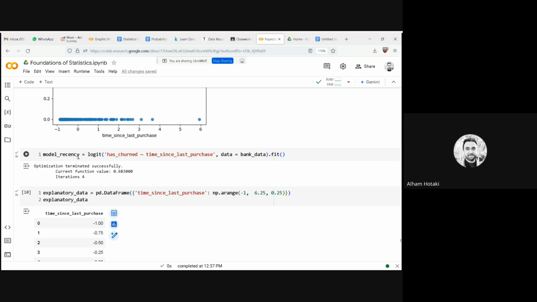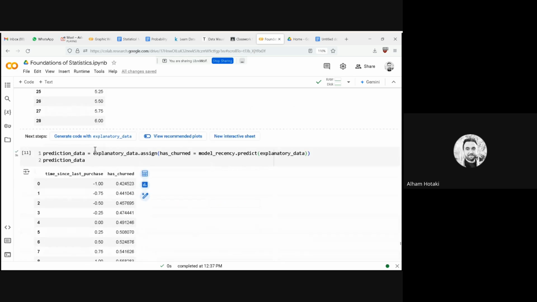So this is actually the model that we developed. So just the prediction data would be this model dot predict of explanatory data.